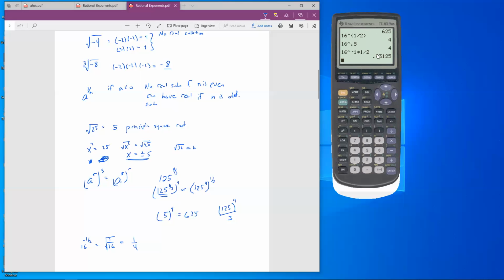If we end up doing this correctly, caret and then negative 1 divided by 2, this is going to give us our 0.25. So that's how you want to go through and do something like this. Just be really careful about parentheses, and make sure that we're working with this correctly.